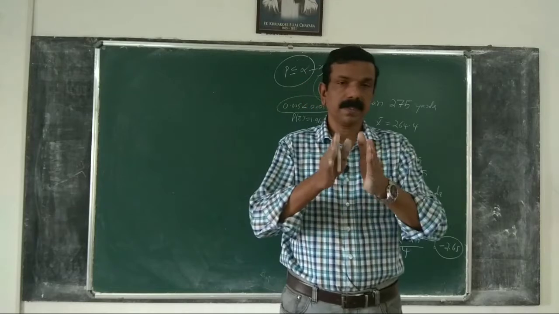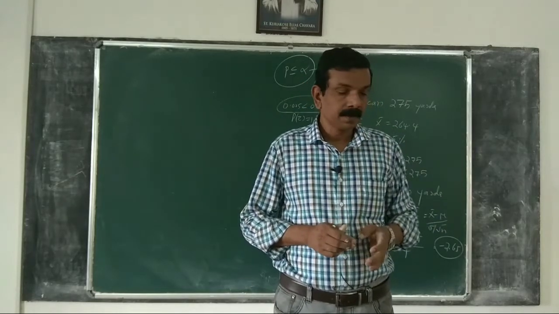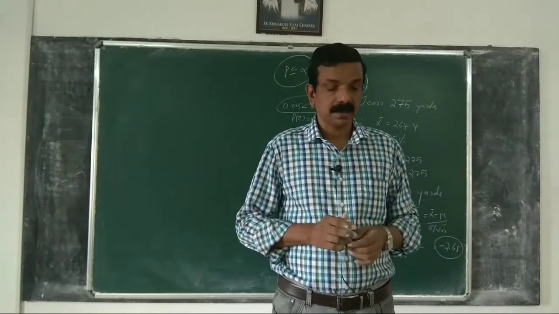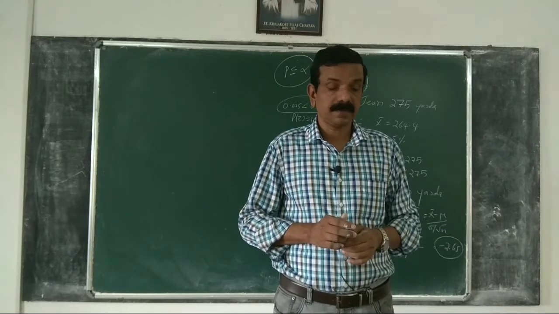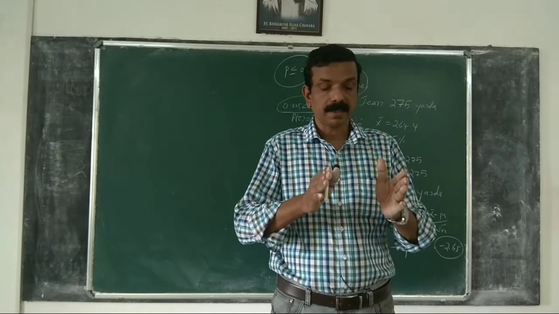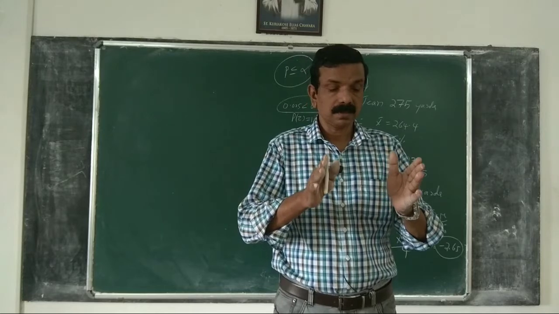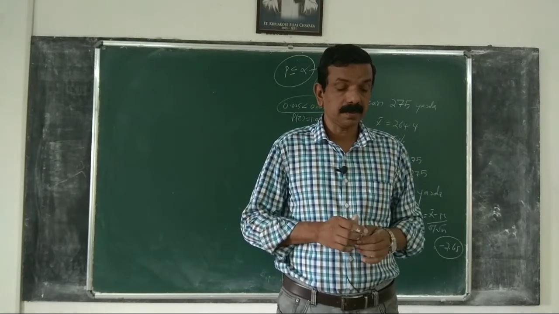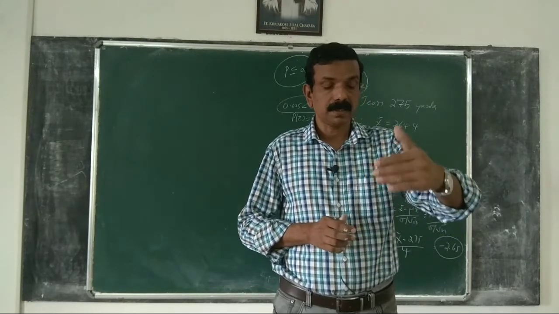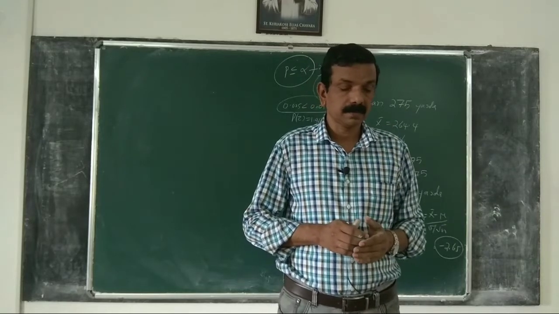So, let me give a definition of the p-value. The p-value of a hypothesis test is the probability of getting sample data at least as inconsistent with the null hypothesis as the sample data actually obtained.